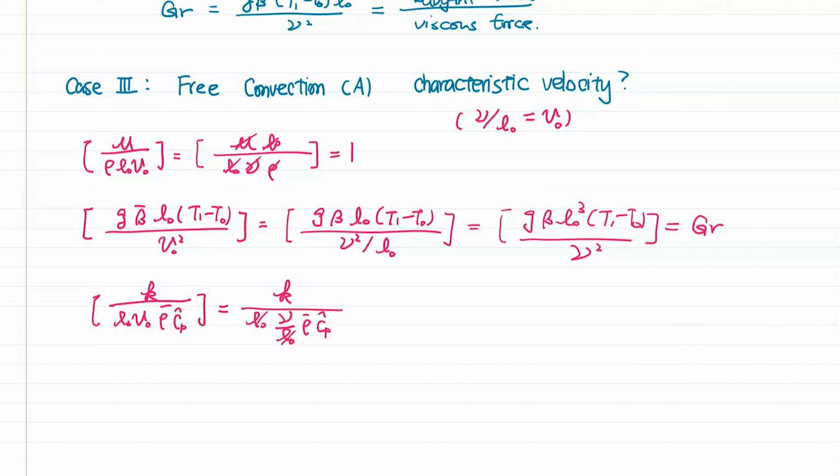These cancel out, so you get K over kinematic viscosity times rho times Cp. Okay, and if you look at the definition here, am I missing something?